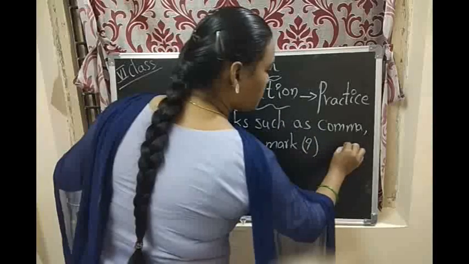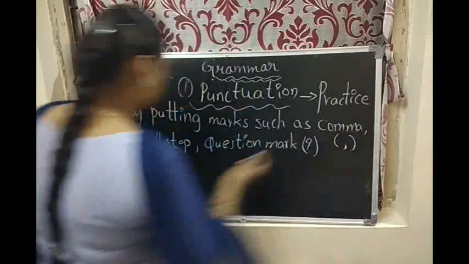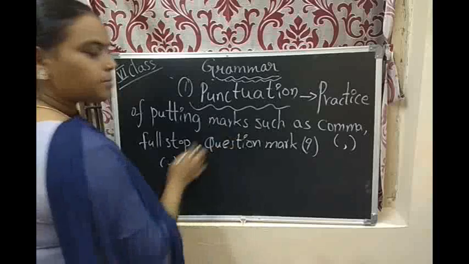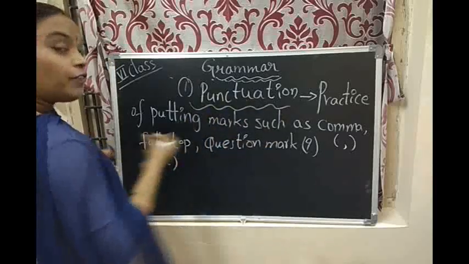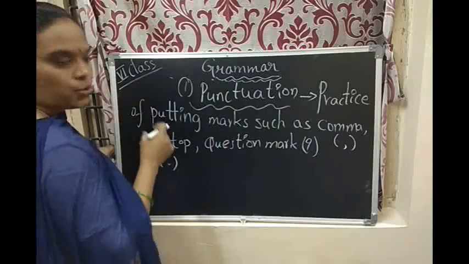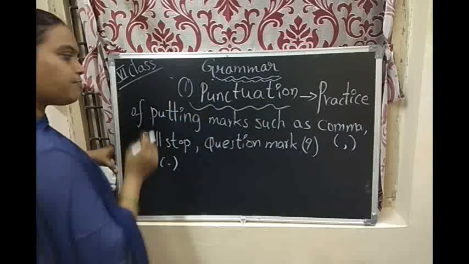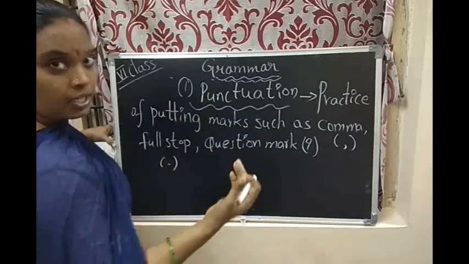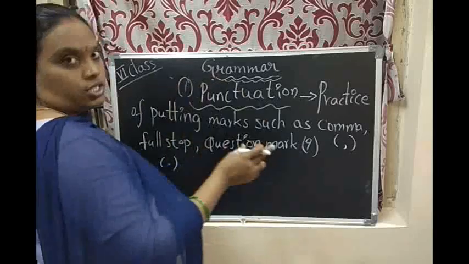So here comma means like this and full stop means like this. So all these marks, okay, we are practicing in this punctuation. So practice of putting marks such as comma, full stop, question mark, exclamation mark, inverted commas, all those are there.